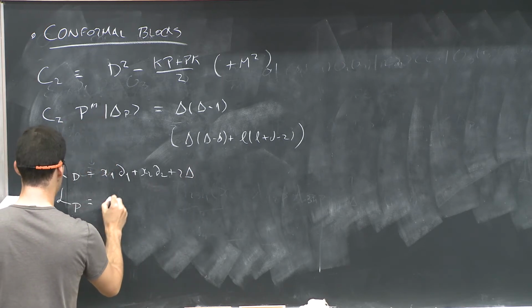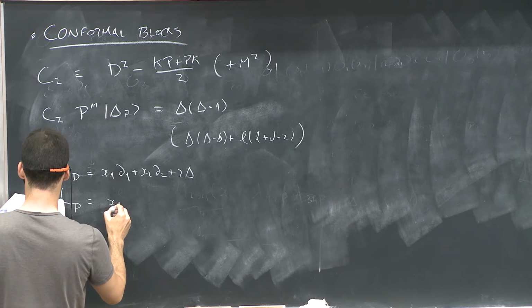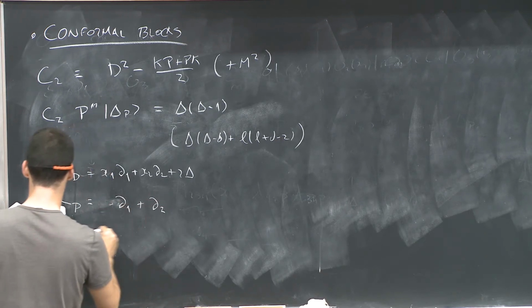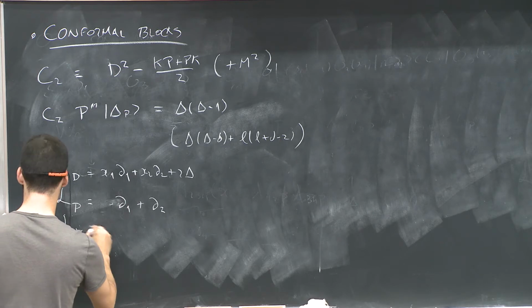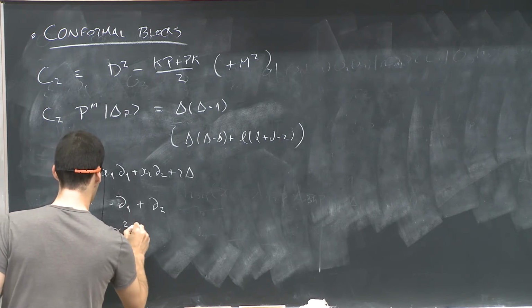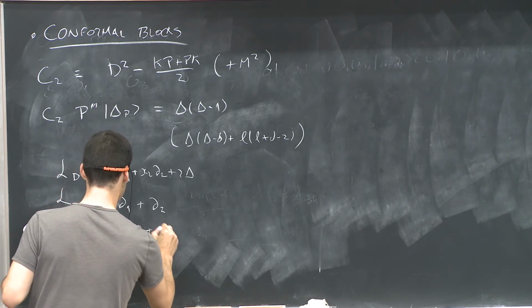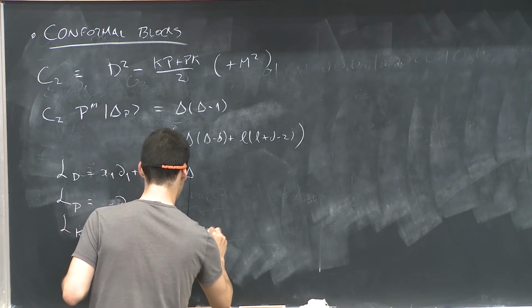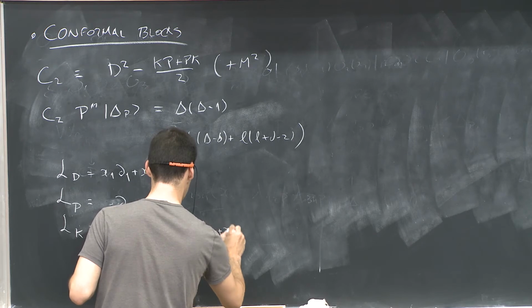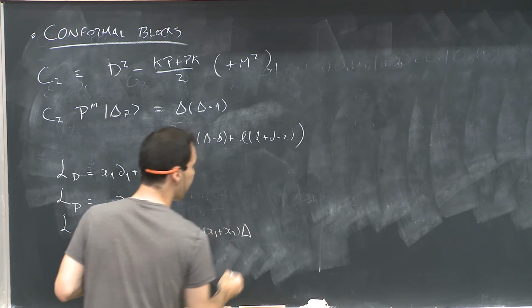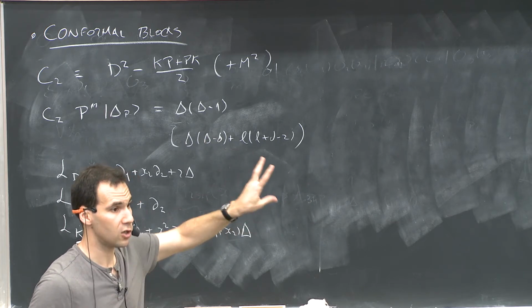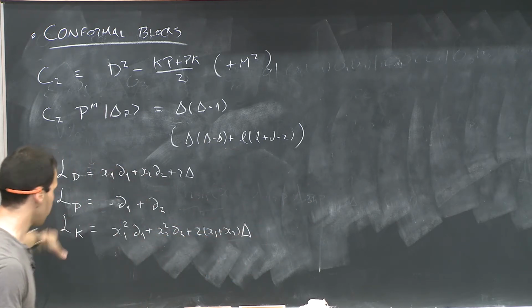LP becomes d1 plus d2. And LK becomes x1 squared d1 plus x2 squared d2 plus 2 (x1 plus x2) delta. Again, these are the generators that I wrote there. Now they're applied to two insertions, so you just get the sum.